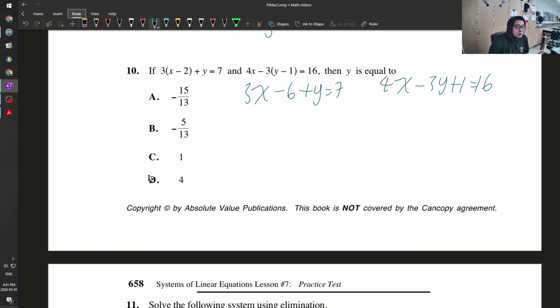Move everything to one side. We have 3x plus y is equal to, add 6 on both sides, 13. Subtract by 1 on both sides, 4x minus 3y is equal to 15. So this one, I'm going to multiply by 3 and then write it down here.